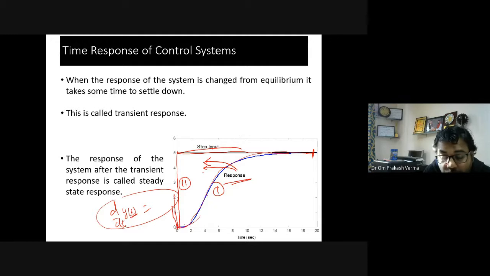The removing word is very harsh, so you can say minimize. हम इसको optimize कर सकते हैं, minimize कर सकते हैं. Okay, so this is called the transient response.